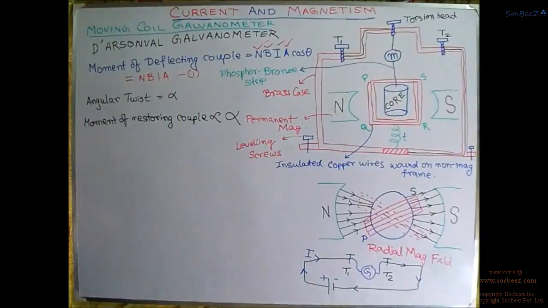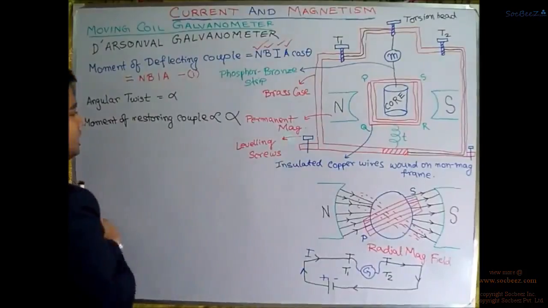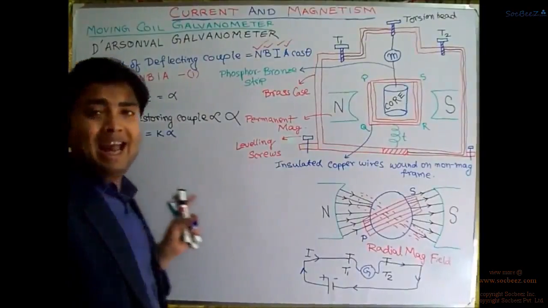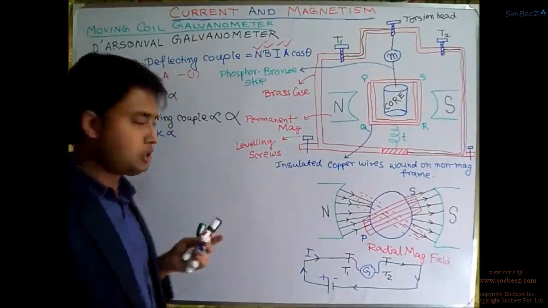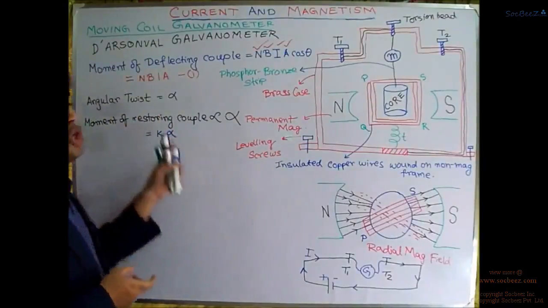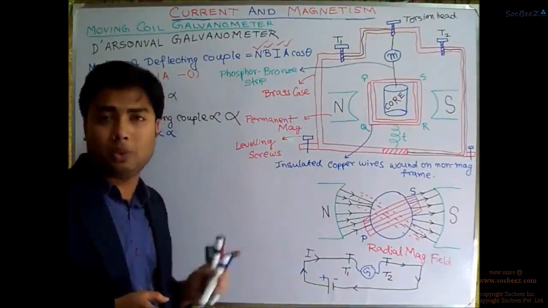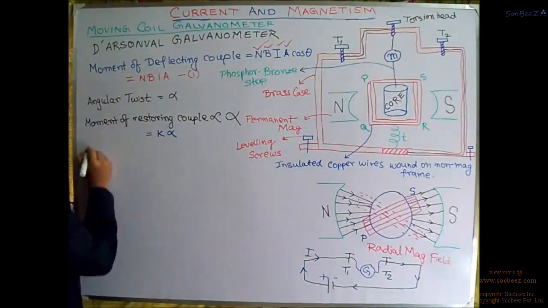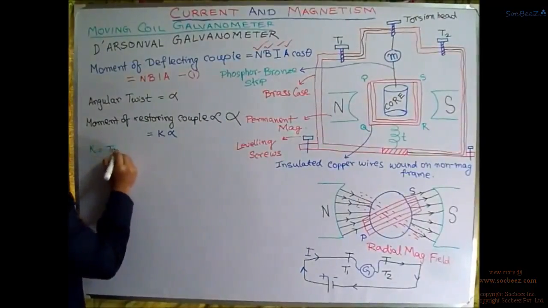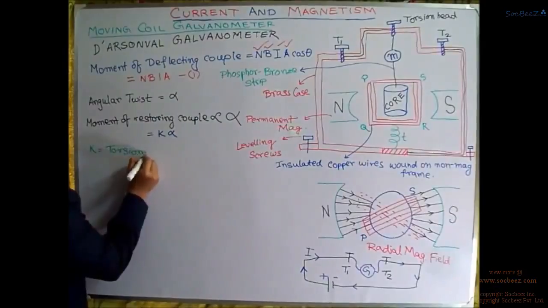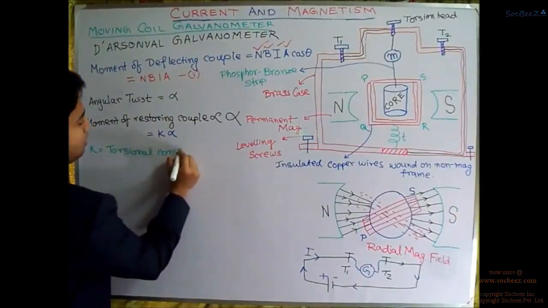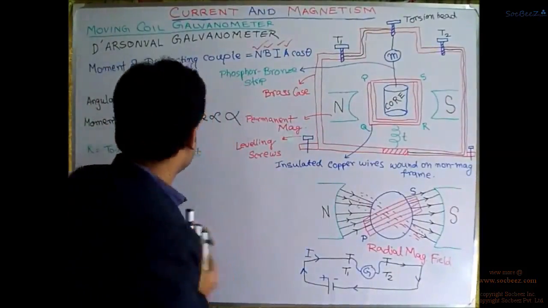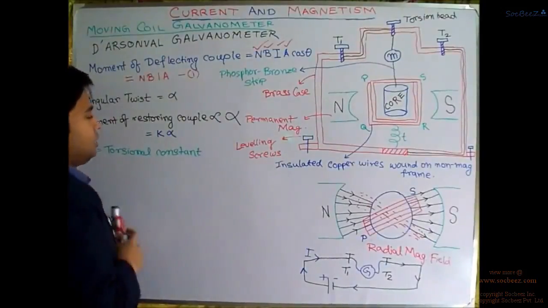So this moment of restoring couple will be equal to K alpha, where K is known as the torsional constant, or the moment of restoring couple per unit angular twist, right? Now let us give this one as the second equation.